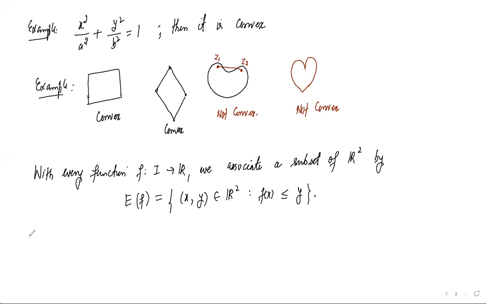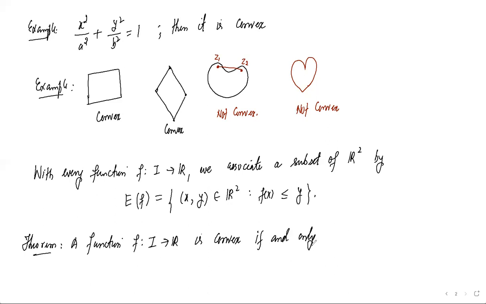So we have a theorem like this. A function f from I into R is convex if and only if E of f is a convex subset of R square.